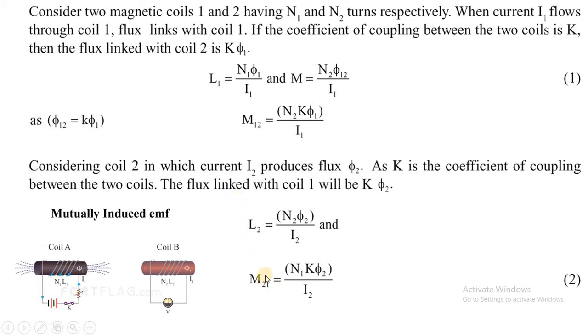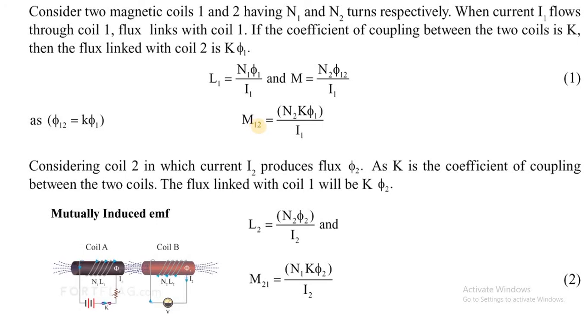Now just imagine M12 means the mutual inductance, the last digit is important, M12. M12 indicates the mutual inductance of coil 2 because of coil 1, and M21 informs you of the mutual inductance of coil 1 because of coil 2.